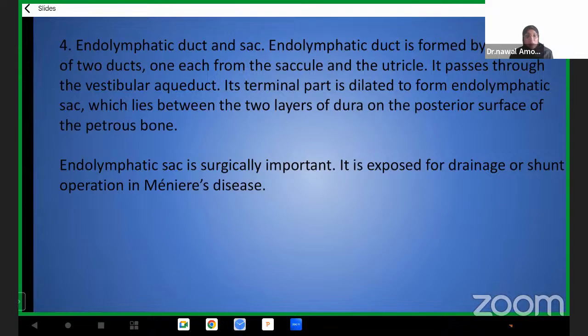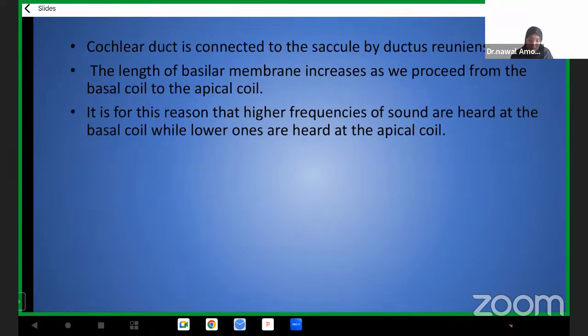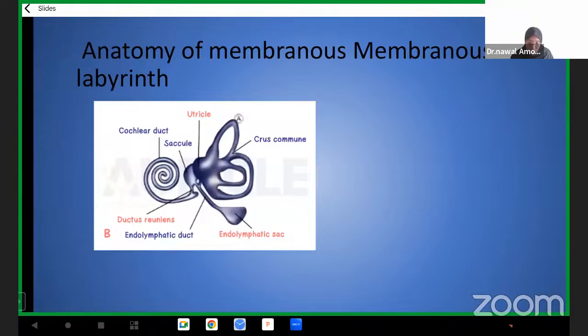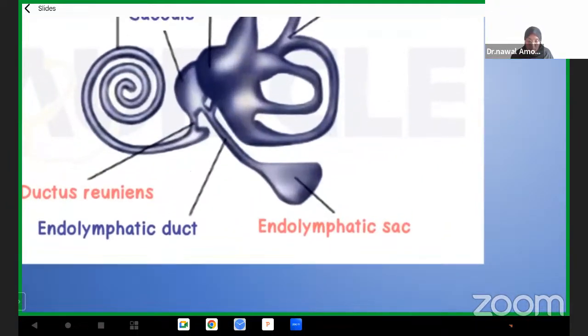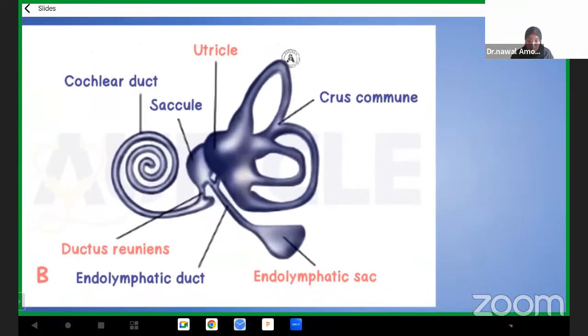Okay. We have an endolymphatic duct and sac. The endolymphatic duct is formed by the union of 2 ducts, one each from the saccule and from the utricle. Going back to the diagram again, this is the endolymphatic duct formed by the saccule and utricle, and it opens into the endolymphatic sac.